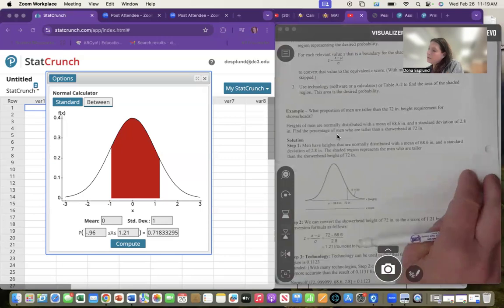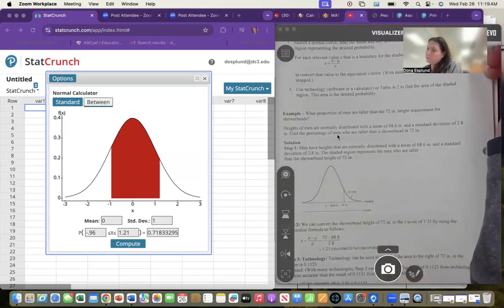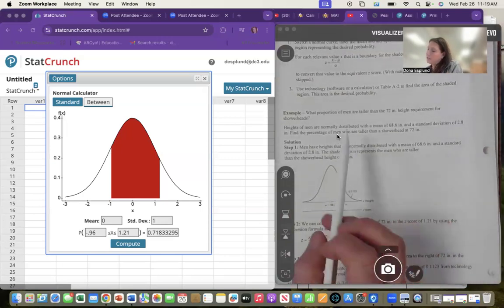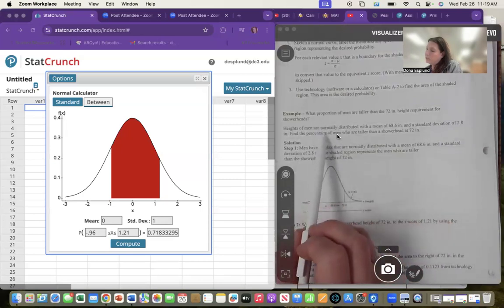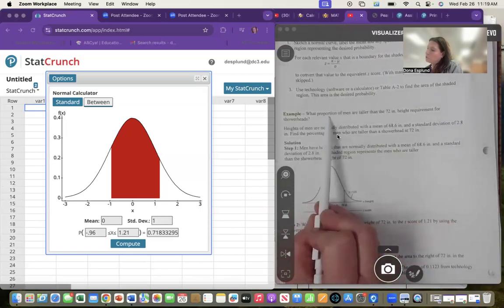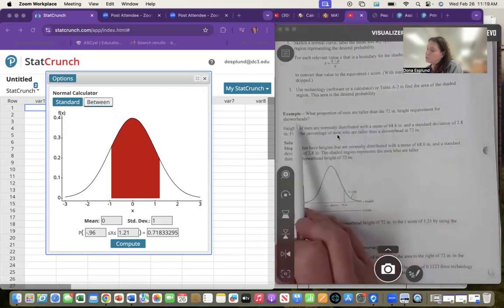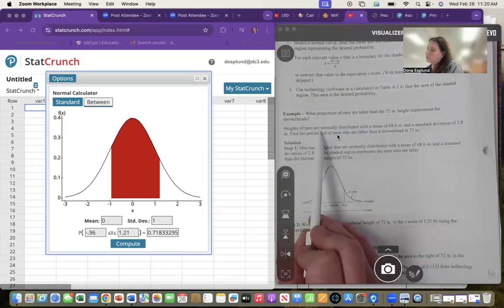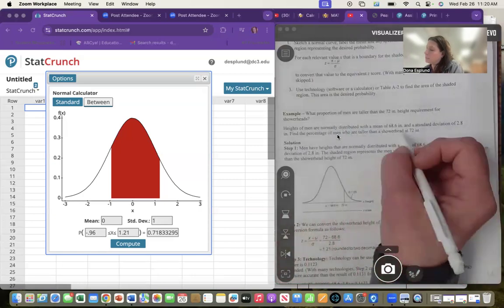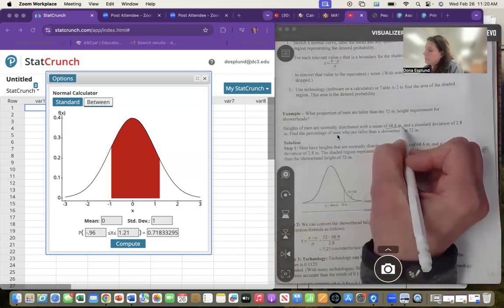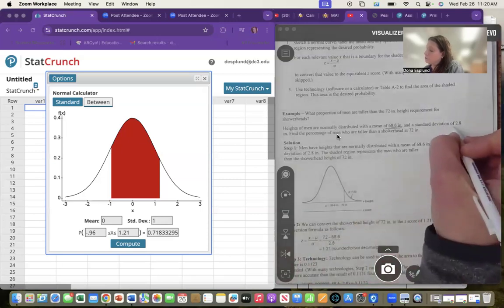Okay, so I'm going to give you the ability to read this, but let's start with example number 1. It says, what proportion of men are taller than 72 inches, the height requirement for shower heads? The heights of men are normally distributed with a mean of 68.6, and I'm going to underline that, with a standard deviation of 2.8.